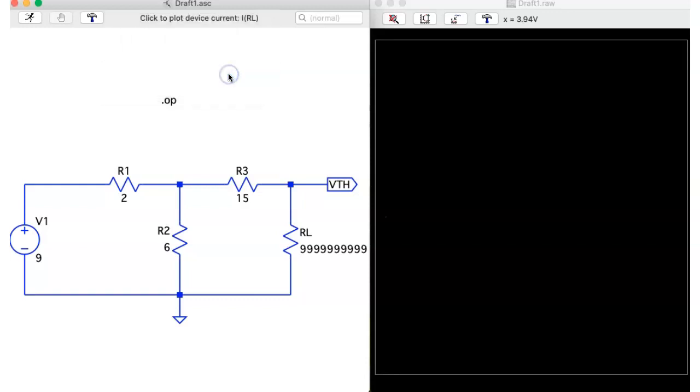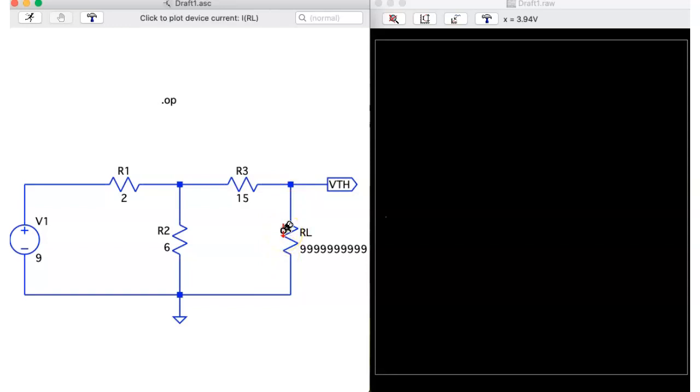Now the value of the resistance is very high, that means it behaves as an open circuit, that means this path is open and no current flows into this circuit. A very small, negligible current flows into this part, and it can be assumed as an open circuit.